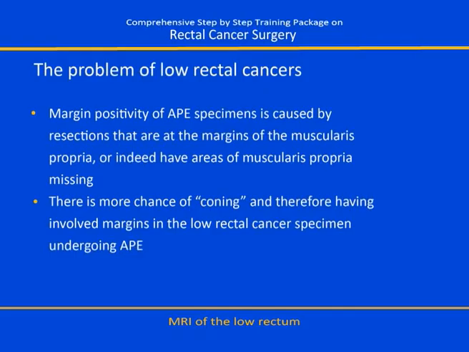So the problem for low rectal cancers is that the margin positivity rates in the past, when we've audited the specimens, and Phil Quirk has done a lot of work on this, he's observed that the positive margins are caused by areas of coning during the dissection in the abdominoperineal, so that the margins of resection formed by a conventional abdominoperineal are actually formed by the muscularis propria.